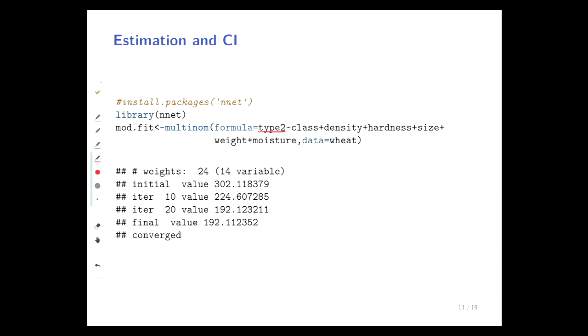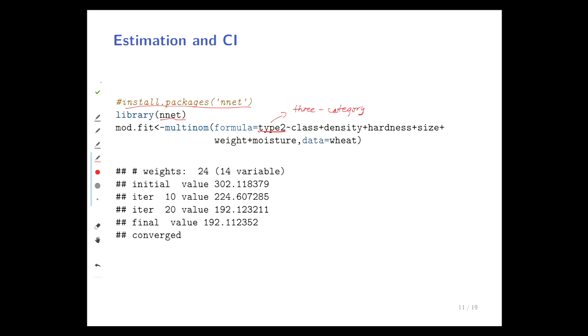So this is the variable with 3 categories. And what we can do here is just to use the package called nnet. In order to use this package, you need to install it first. After you install it, you do not need to install it again, so just load this package.